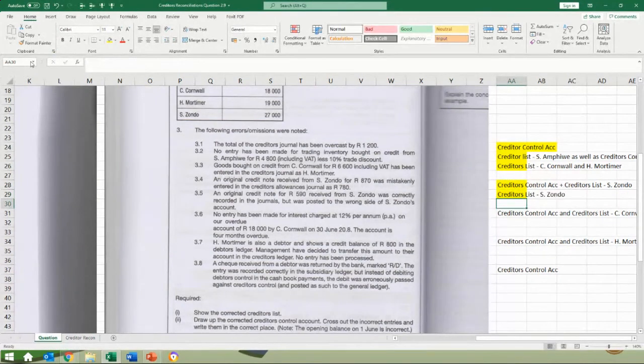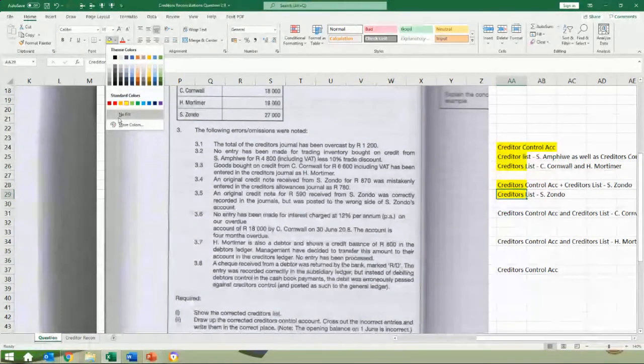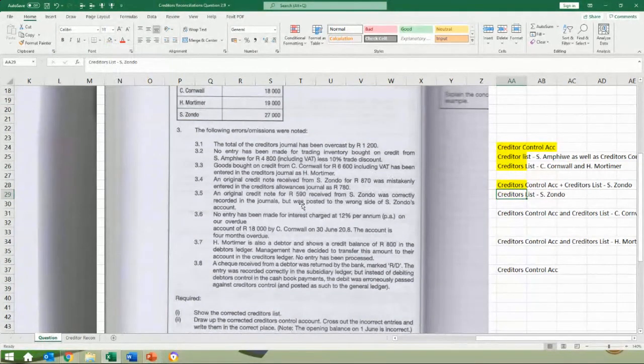Okay, so point number 5 is also going to Esondo. So that is where it was correctly captured in the control account, but I captured it to the incorrect side of Esondo's account. Now, what we said is when we have a credit note, we generally debit your creditors control to reduce it.